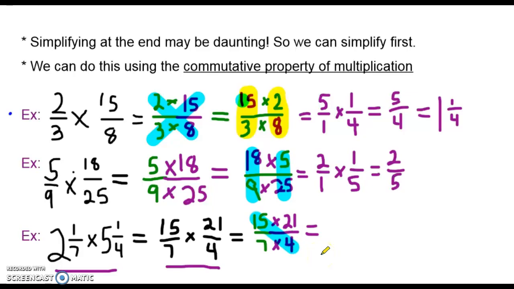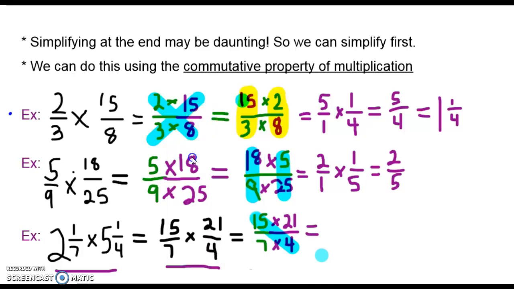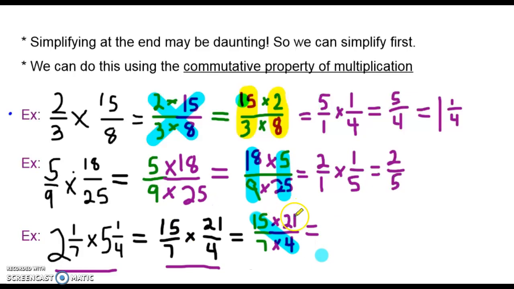Okay, so now I have 15/4. So can I simplify 15 over 4? 15 and 4 do not have a common factor, so I'm not going to simplify those. But then let's look at my next one.